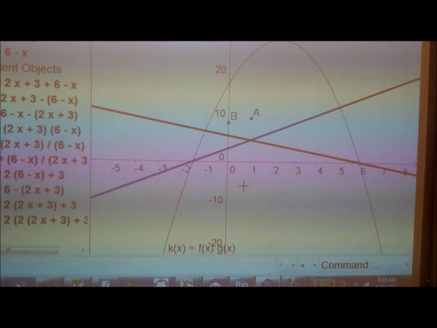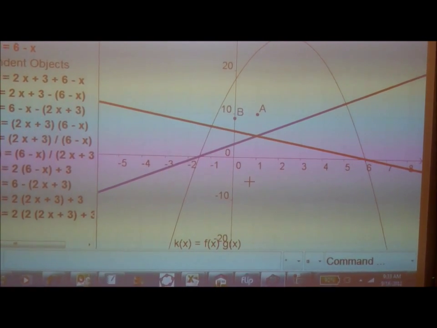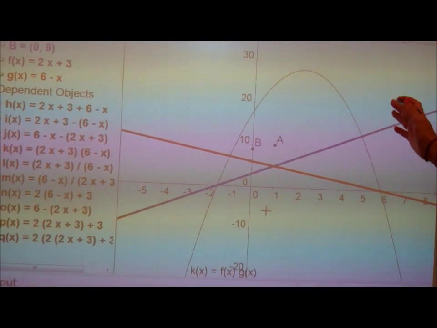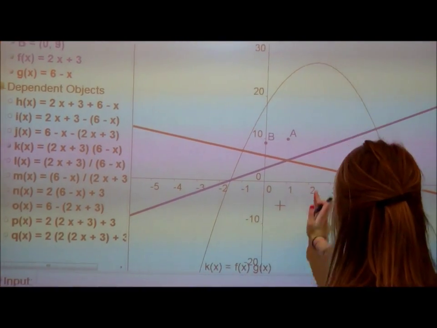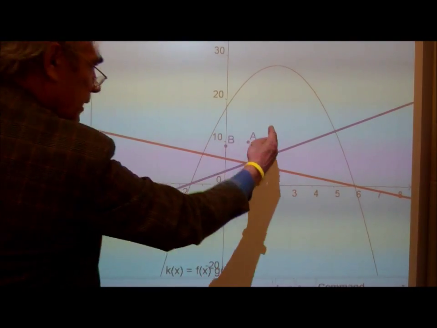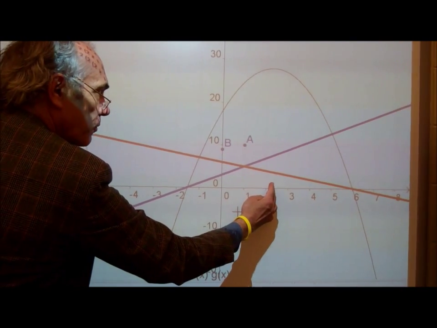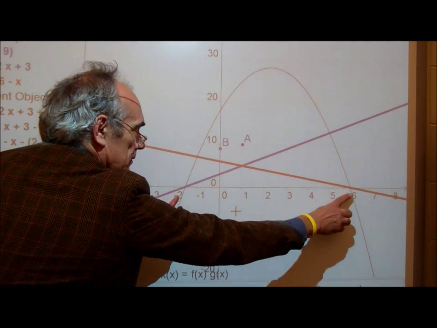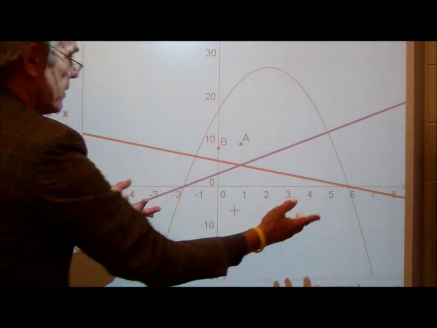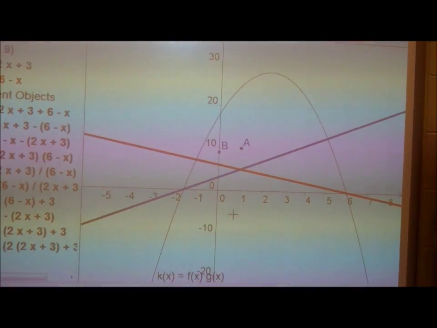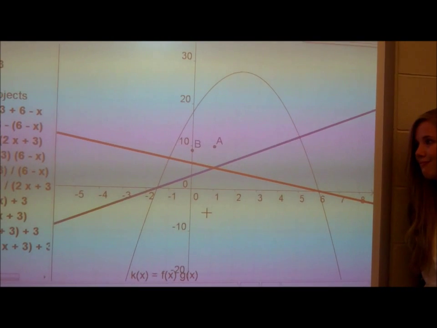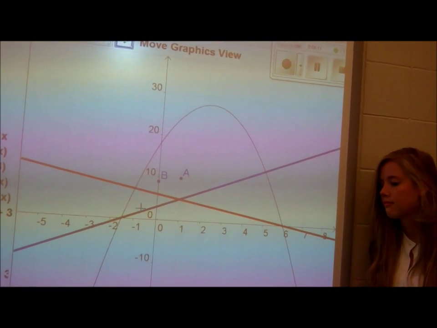Where's the axis of symmetry about? Show me with your arms. Right around there. Okay, and where did that cut the x-axis? 6 and negative 1.5. They were both halfway between those two. So that's that other trick to quickly coming up with the vertex.